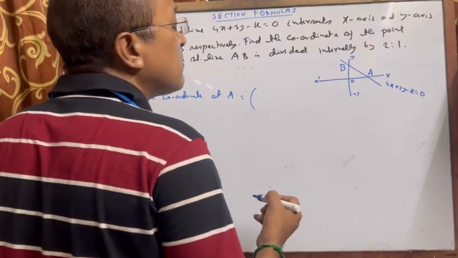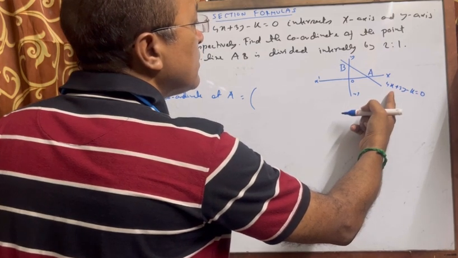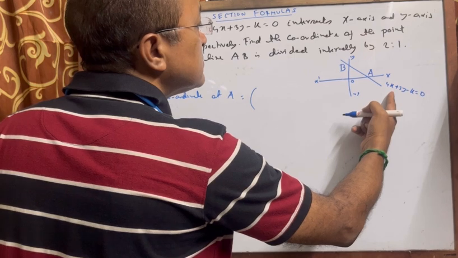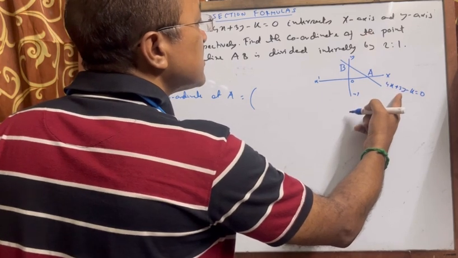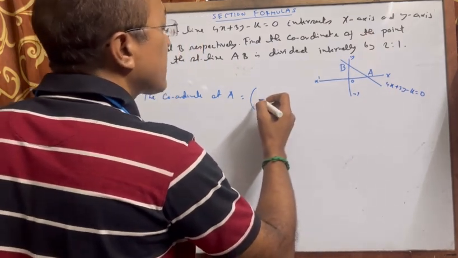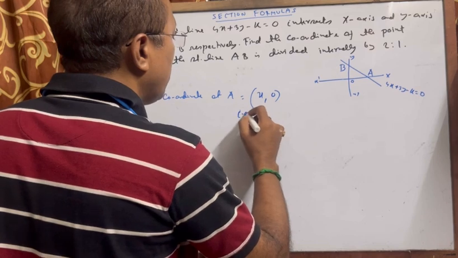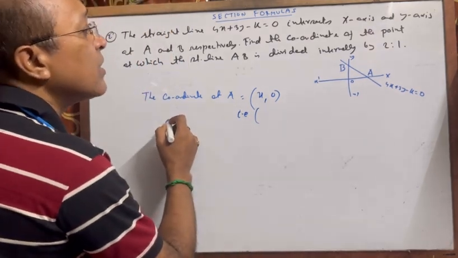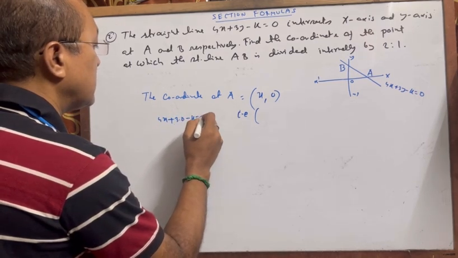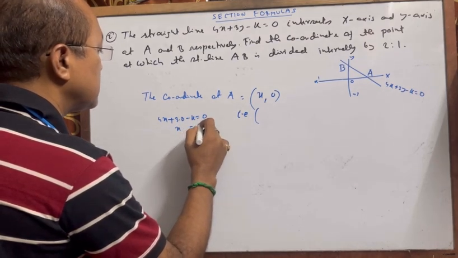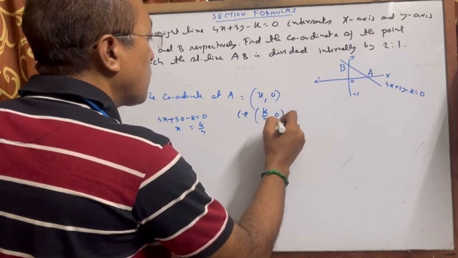Putting y is equal to 0 in 4x plus 3 into 0 minus k, that is x is equal to k by 4. So the coordinate will be k by 4 comma 0.